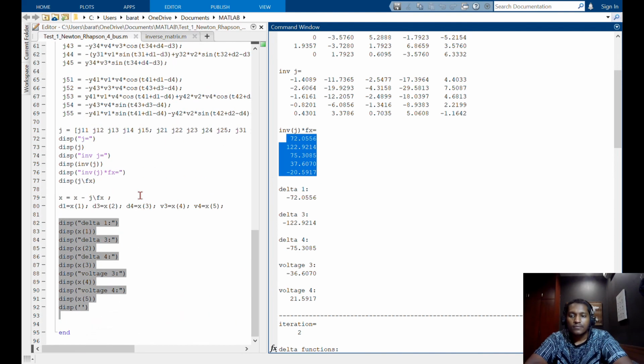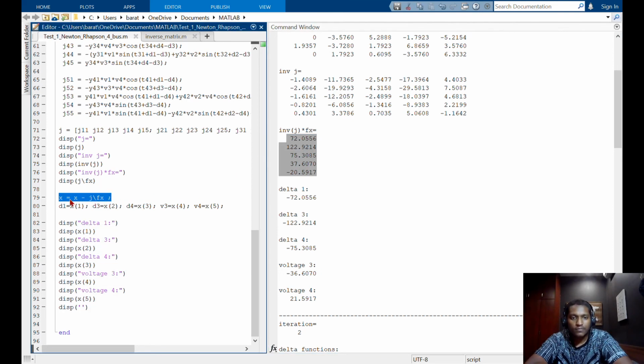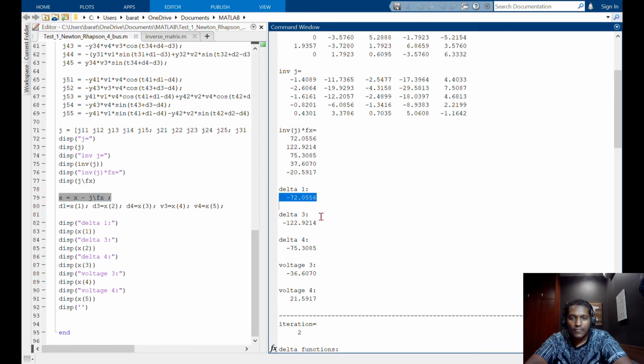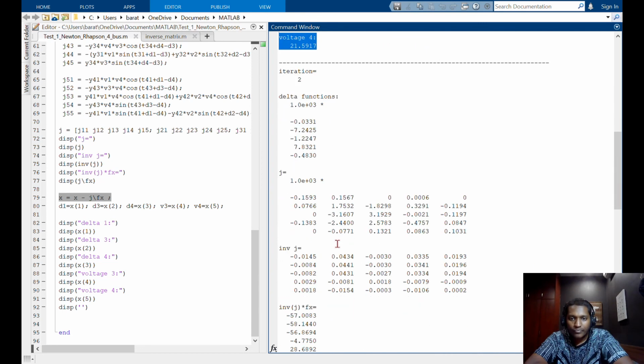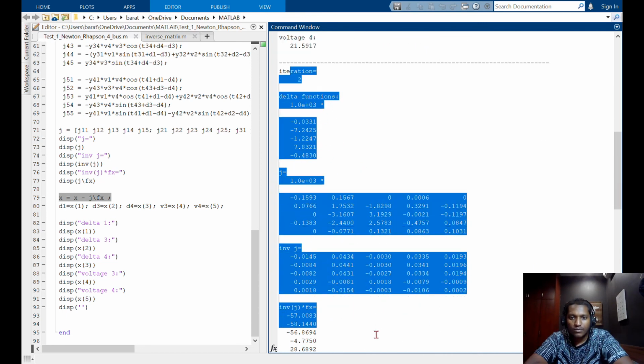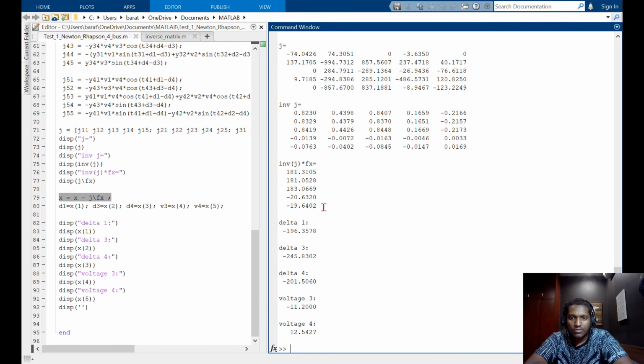When we subtract the change of values from the unknown variables, we'll get the new iteration. That's how we get the iteration, and the second iteration is the same until the third iteration.